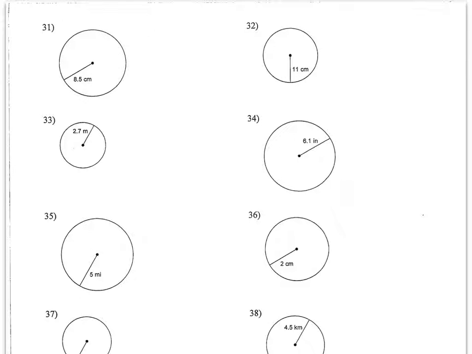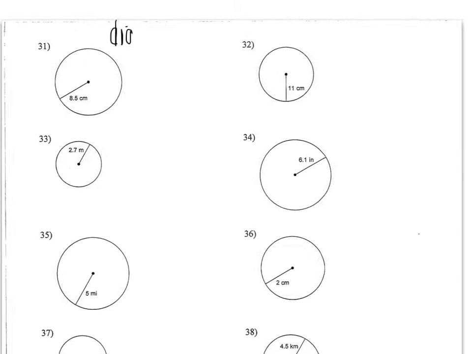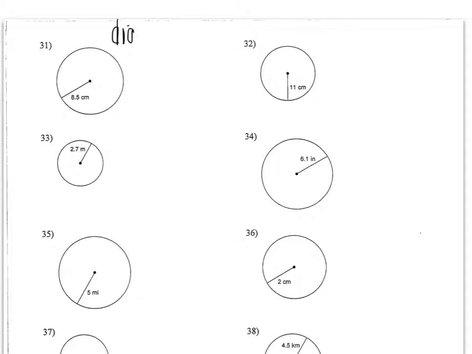So in order to figure out the diameter from a radius, you just need to multiply it by 2, or add it twice. Radius times 2 equals diameter.